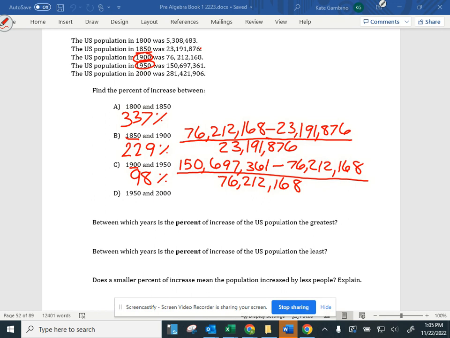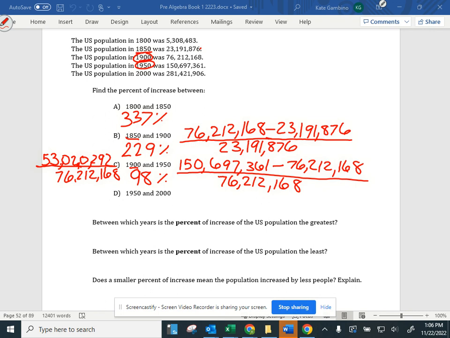So what did other people get when we subtracted? 53,020,292. Is that what other people got? Then you divide that by the 76,212,168. So try it again on your calculator, Tegan, while I try it on mine.